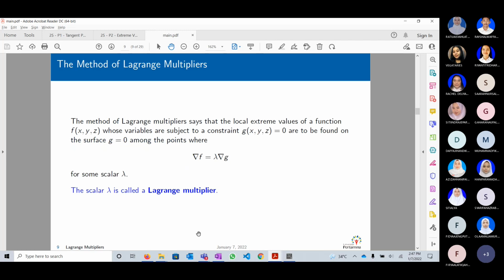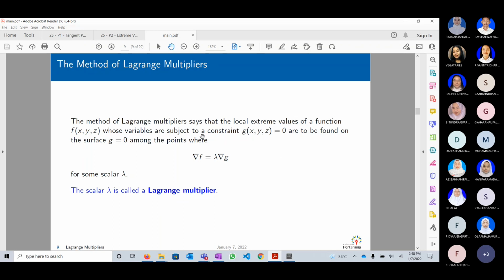So the method of Lagrange multiplier says that the local extreme values, jadi nilai ekstrimum lokal of a function f(x, y, z), jadi dari fungsi yang kita punya ya. Jadi kalau kita diminta untuk mencari nilai ekstrim lokalnya, whose variables are subject to a constraint.